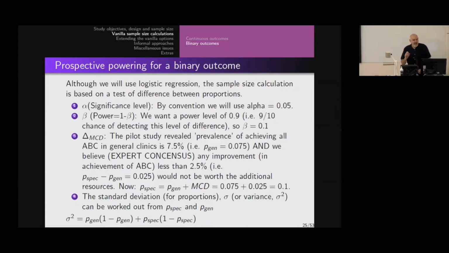And we believe, by expert consensus, and this would probably be done on health economics, is it worth it? Whether it be health economists or whatever, any improvement that is not more than 2.5%, so from 7.5% to 10%, is not worth it.